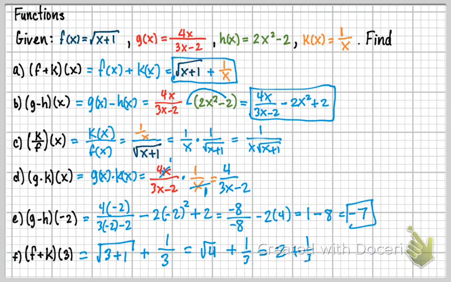If you want to be lazy about it, you can say 2 and 1/3. If you like improper fractions, you could say 7/3. And either answer is sufficient as long as it's reduced. So I'll put a big "or" here. So there's the answer for that one. So that's these questions here.